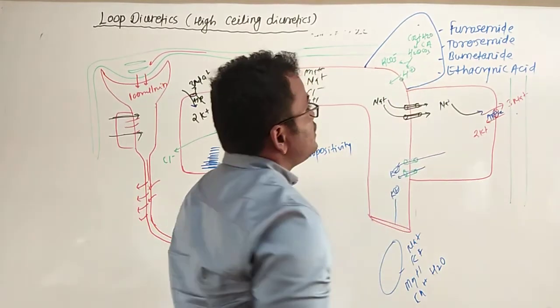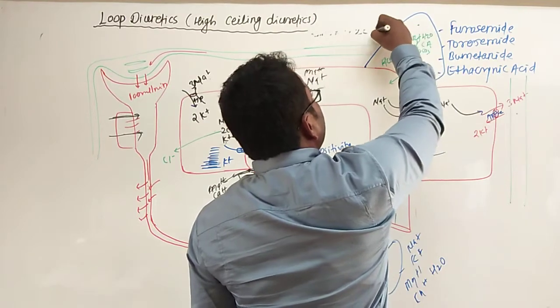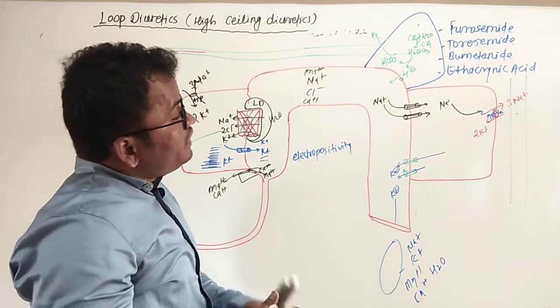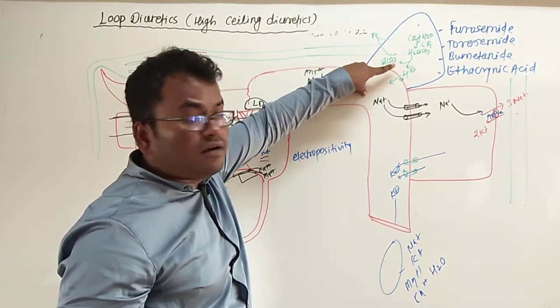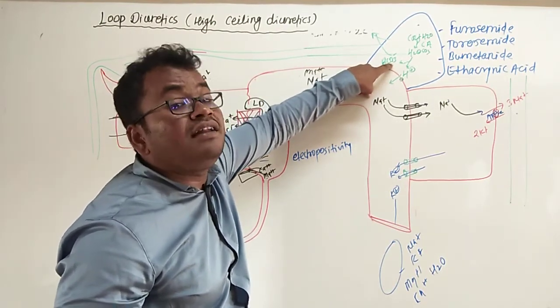It is taken back. And this HCO3 is reabsorbed into the peritubular capillary network. Okay, so in the blood the alkaline nature is increased, as bicarbonate ions, HCO3 minus ions, increase. These are the alkaline natures.